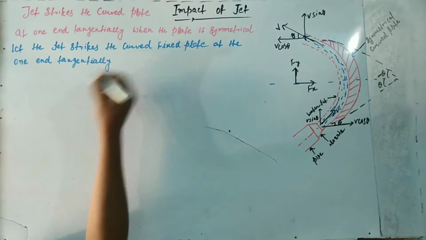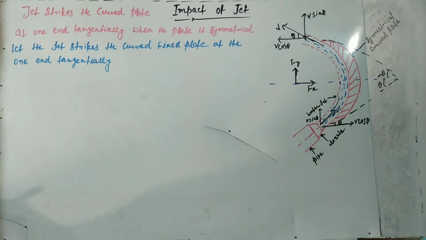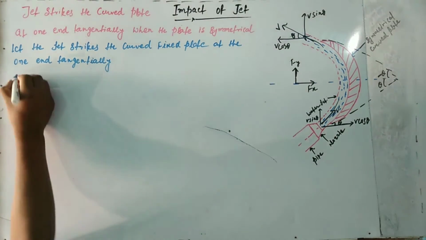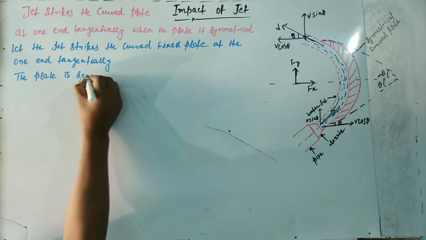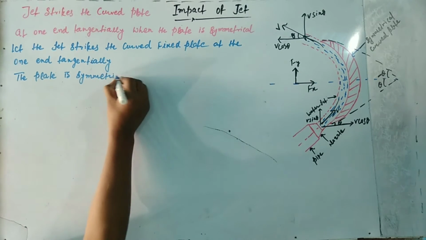The plate is symmetrical about x-axis. The curved plate is symmetrical about x-axis.